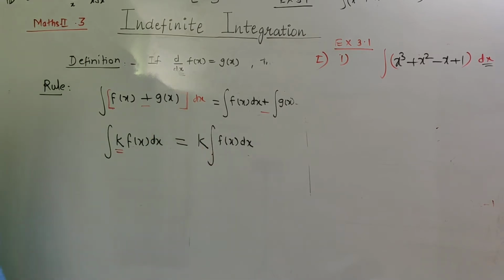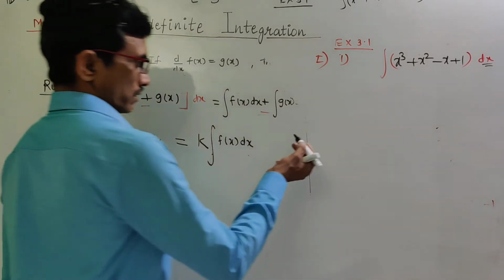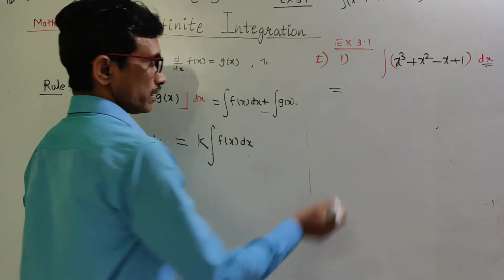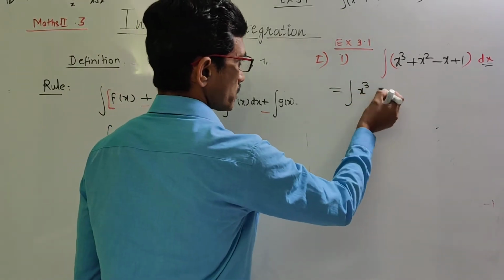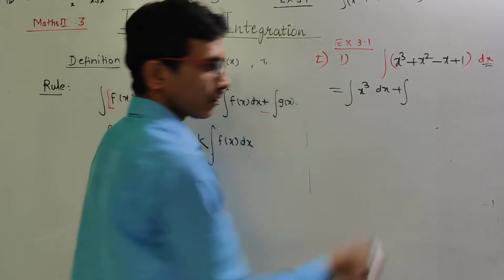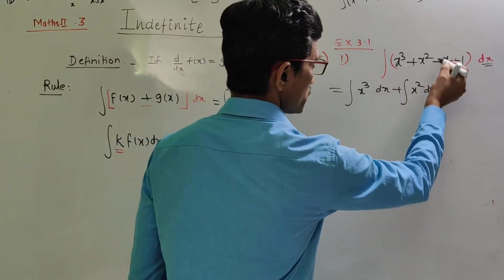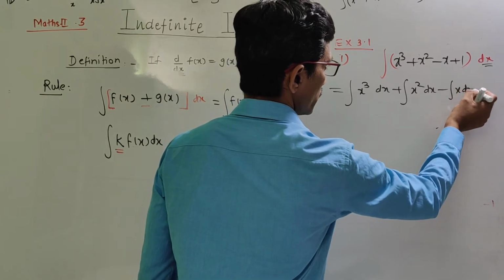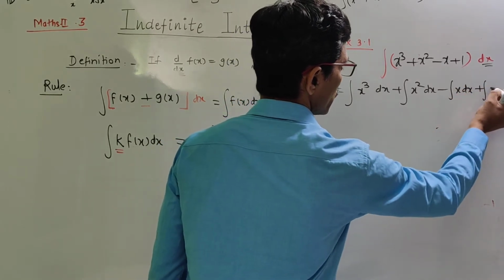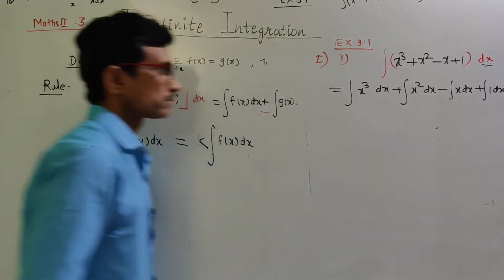So in that case we separate the integral. We separate the integral like this: integral of x cube dx plus integral of x square dx minus integral of x dx plus integral 1 dx.